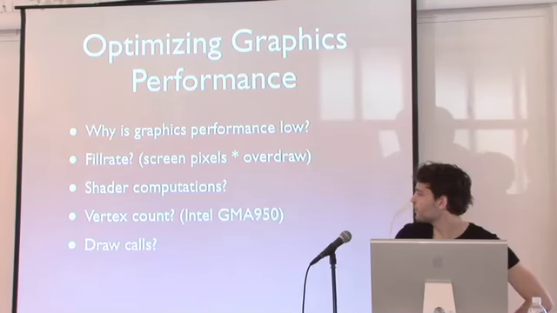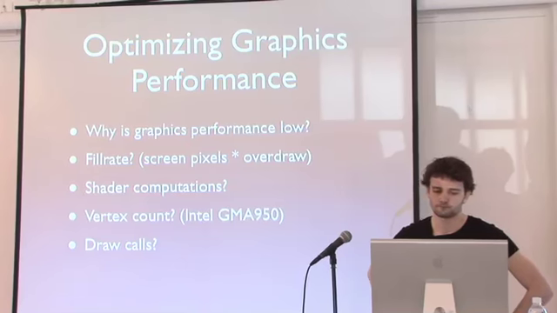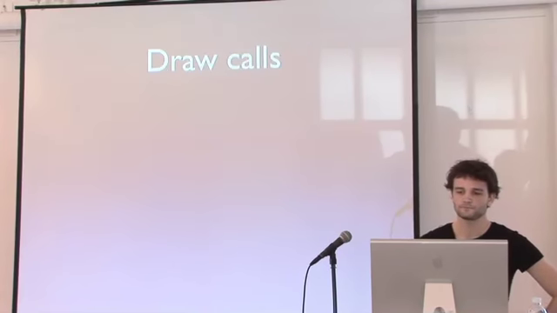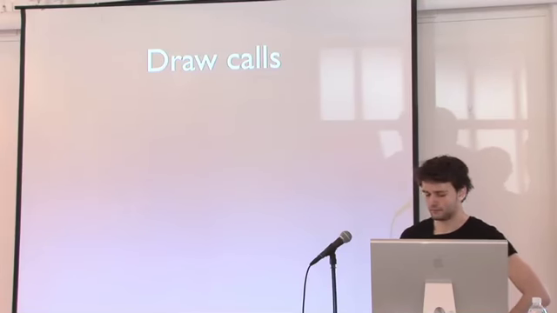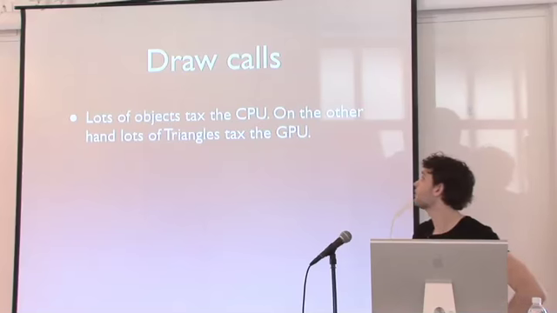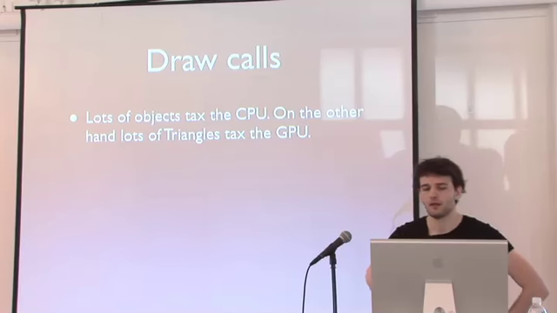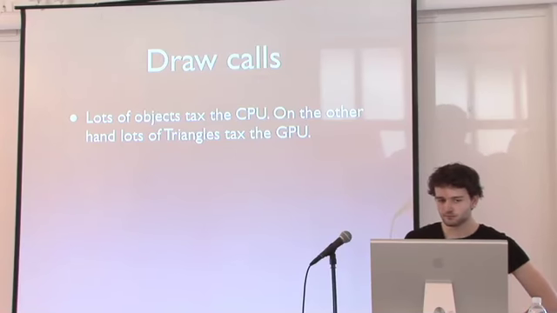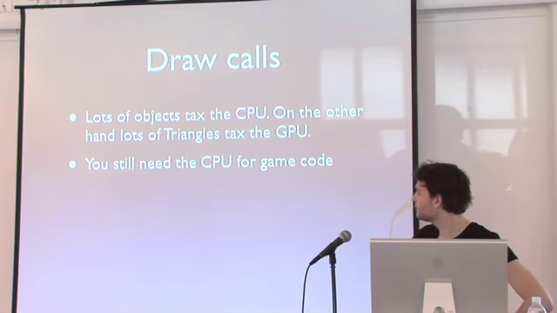And lastly, and one thing I'm going to focus on, is draw calls. So draw calls, there's one reason why draw calls are really bad for you. Draw calls, they basically tax the CPU equally much to the GPU. So that's pretty bad because you're running your game on the CPU.